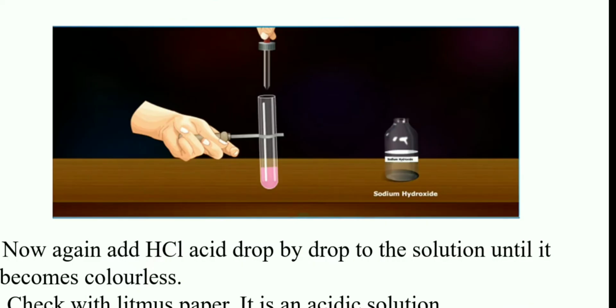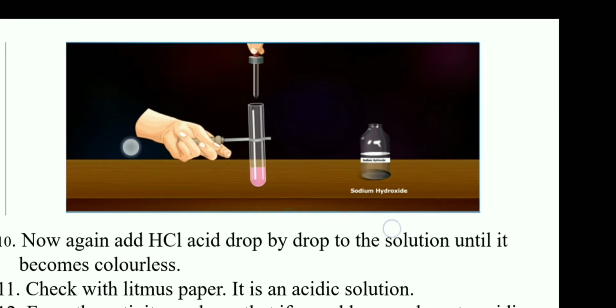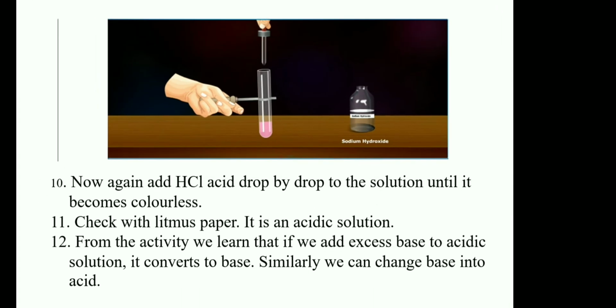In the next slide, you can add sodium hydroxide solution. When you add it, it changes color. As I said, phenolphthalein changes to pink color in basic solution. See here, you can see in the test tube a pink colored solution.